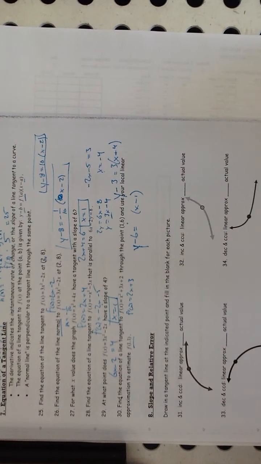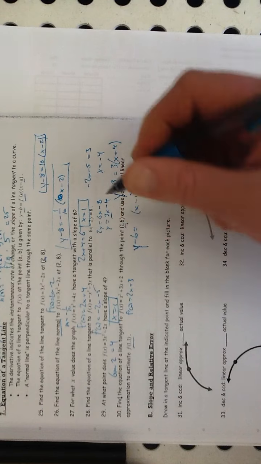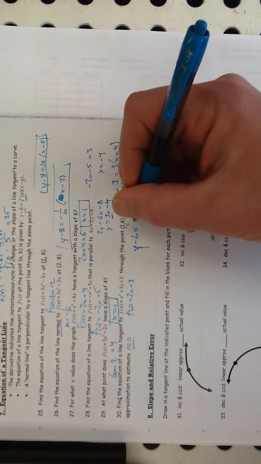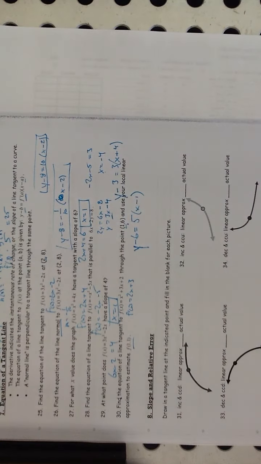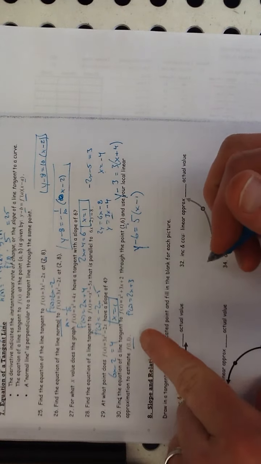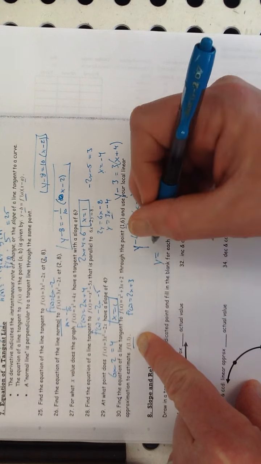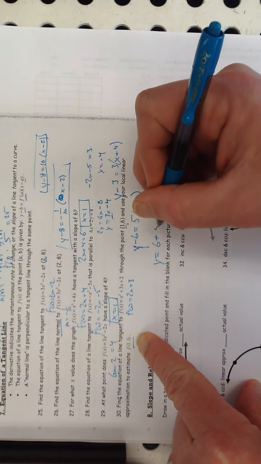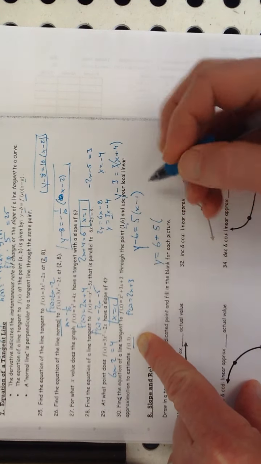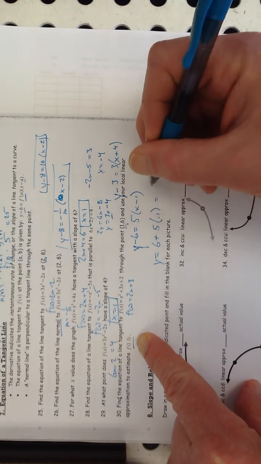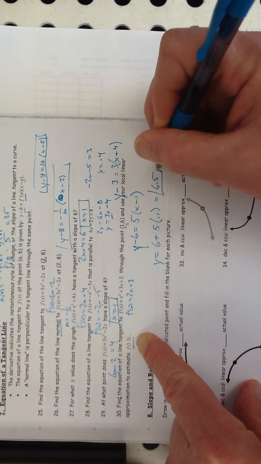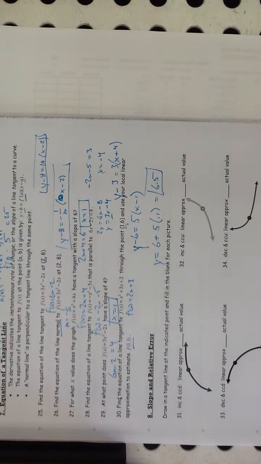And to find the slope at the point where x is 1, I plug the 1 in here, get a slope of 5. And if I want to use that to approximate this, I'm going to add the 6 to the other side. 1.1 minus 1. There you go.